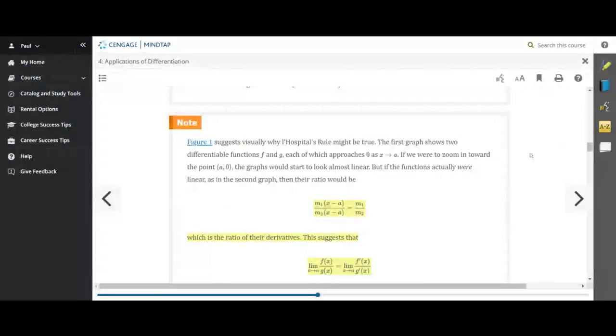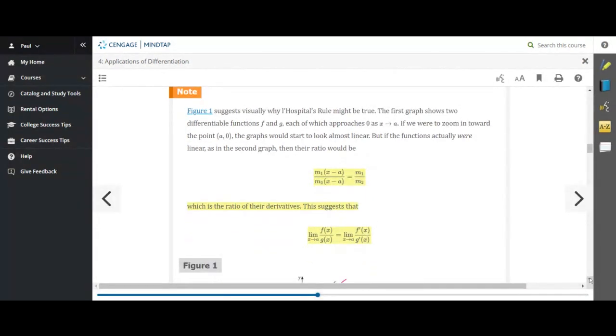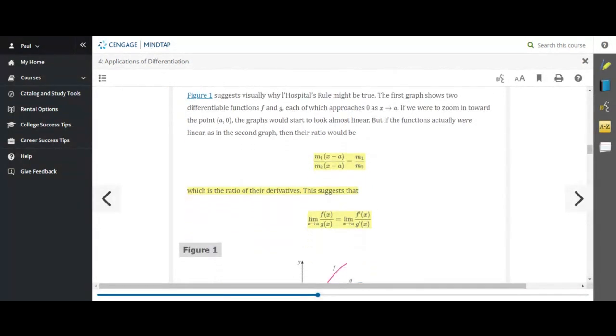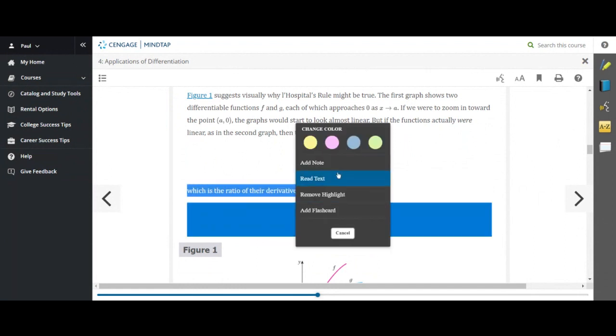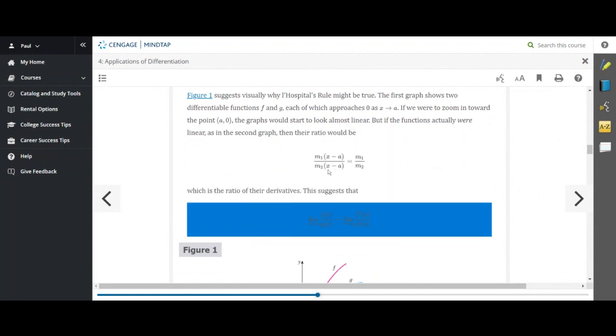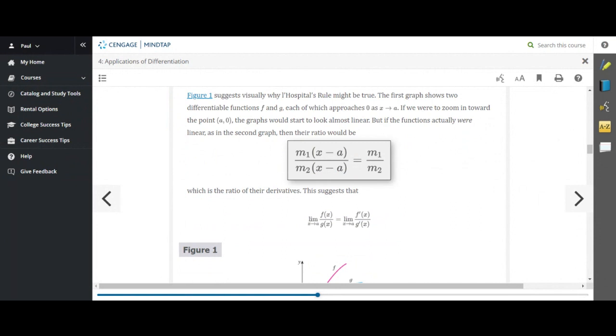Let me see here. Let me just hold on. I have a little bit too much highlighted here. Okay, so here are the ratios of the tangent lines, the equations of the tangent lines. The tangent line for function f was m1 times x minus a.